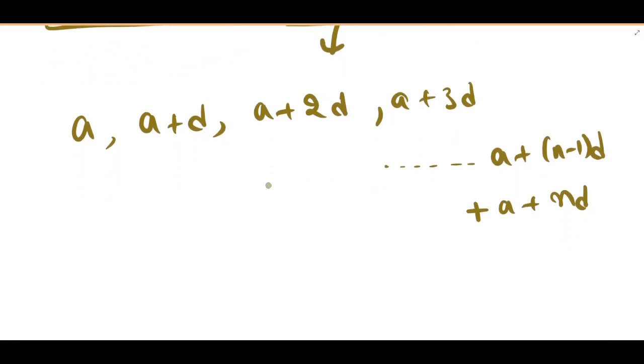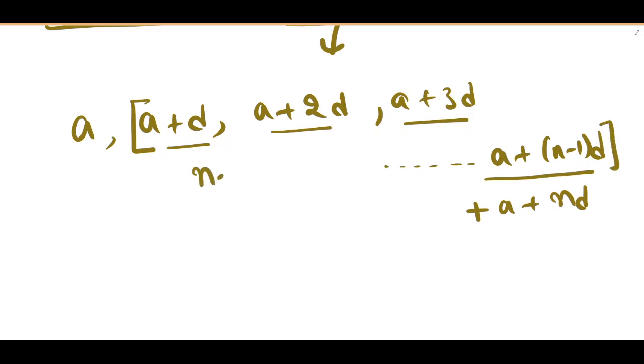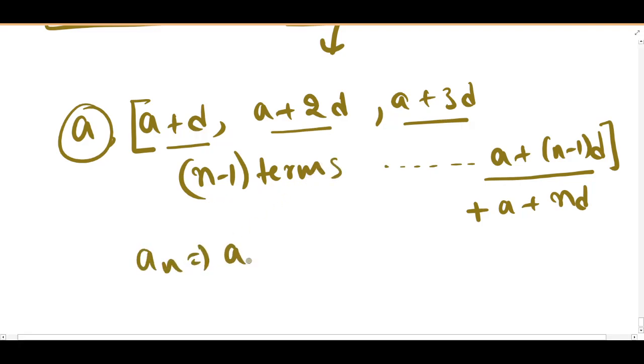If we look at the number of terms from a plus d, a plus 2d, a plus 3d, up to n minus 1, we have n minus 1 terms. So for the nth term we add the first term to the n minus 1 terms. So that is why an is equal to a plus n minus 1 d.